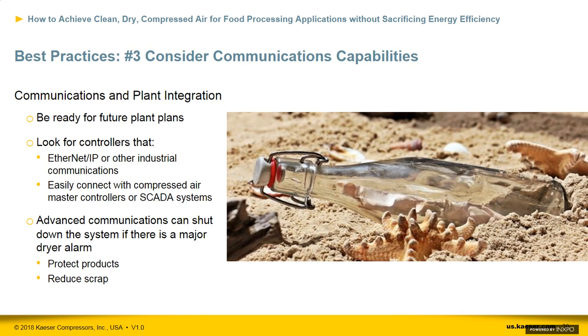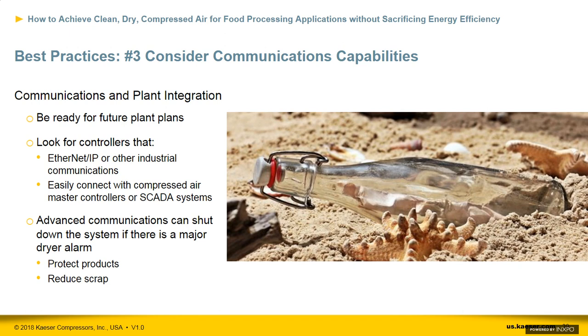Our last best practices tip is to think about communications capabilities. With the industry moving more and more towards the IoT, or Internet of Things, solutions, start planning now to be ready to integrate components or the complete system. Look for capabilities on dryers, filters, and drains that enable communicating with air master controls or SCADA systems.